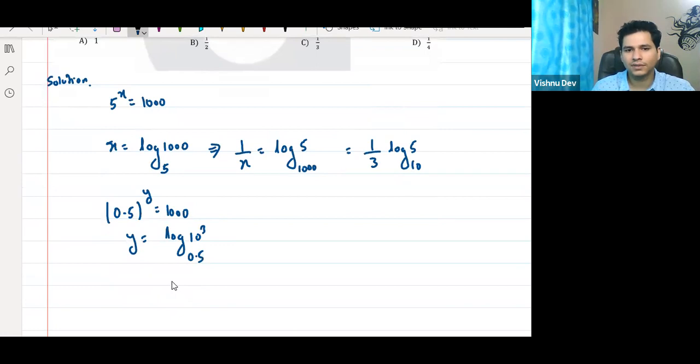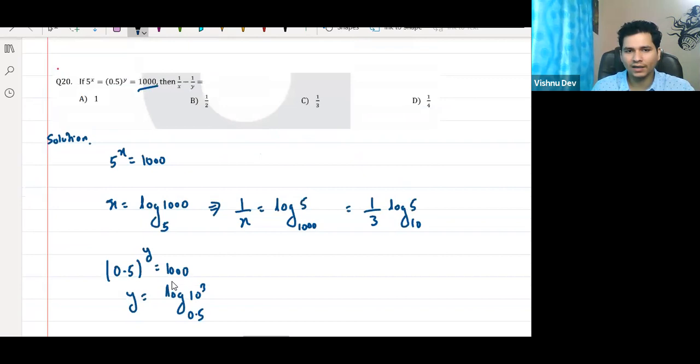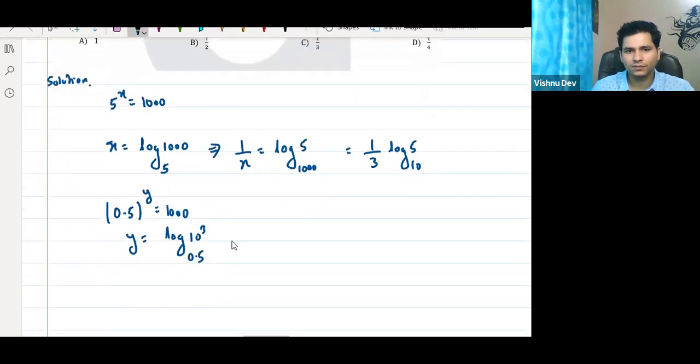Yes or no? Right? So this can be written as 3 log 10 base 5 by 10.